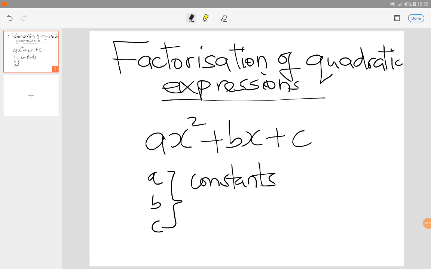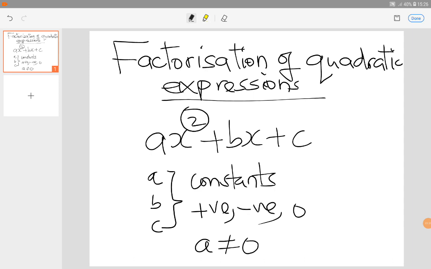So maybe positive whole numbers, negative whole numbers, or even 0. At times you may find that b and c can also be 0, but a should not be equal to 0 for it to remain a quadratic expression. We have to get that x squared, because this square here is what qualifies it to be a quadratic expression.